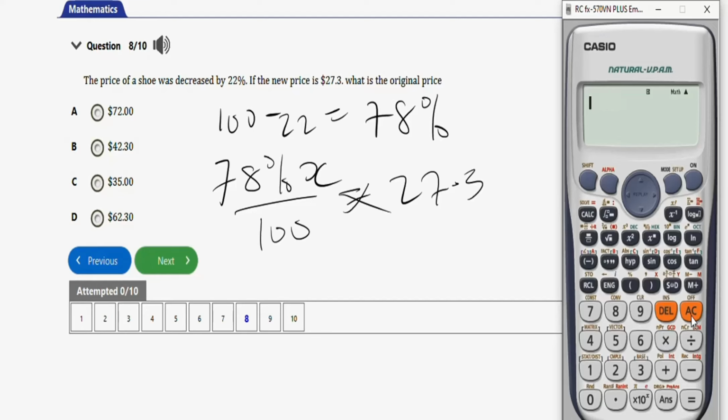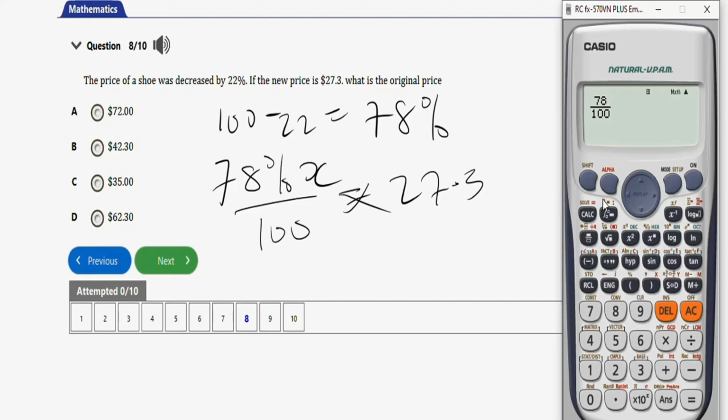Let's use the equation solver. So we have in fraction 78% of X, that means 78 over 100. When you put 100, you can now cancel the percentage. 78 over 100 X.